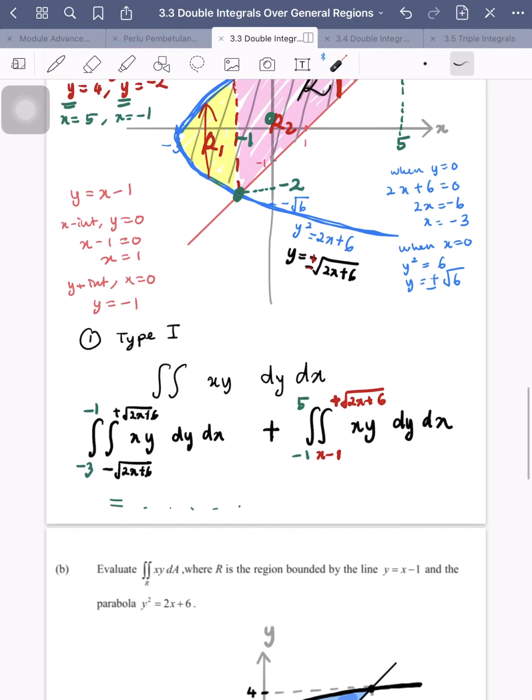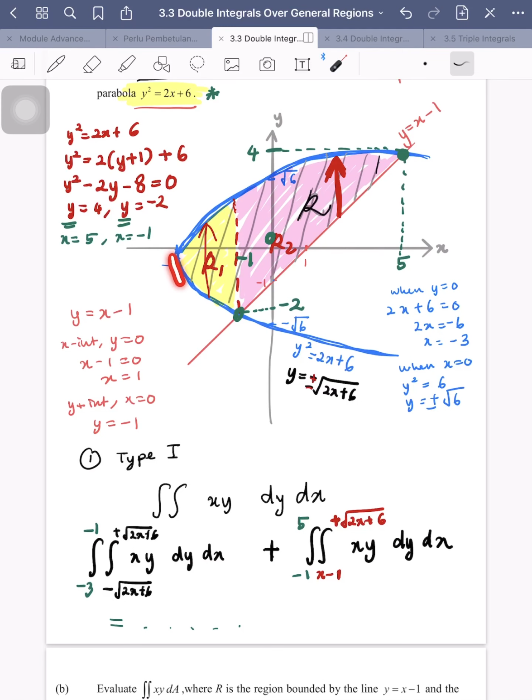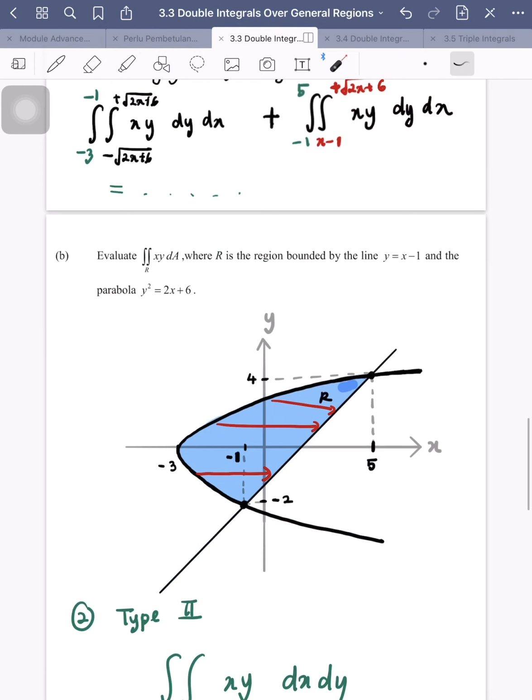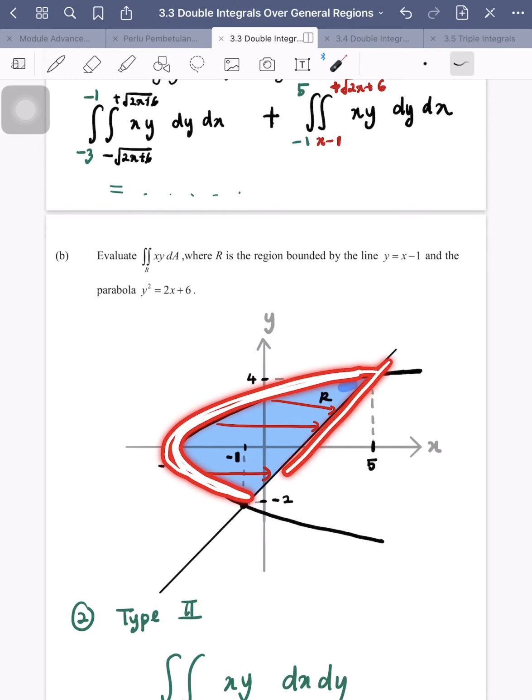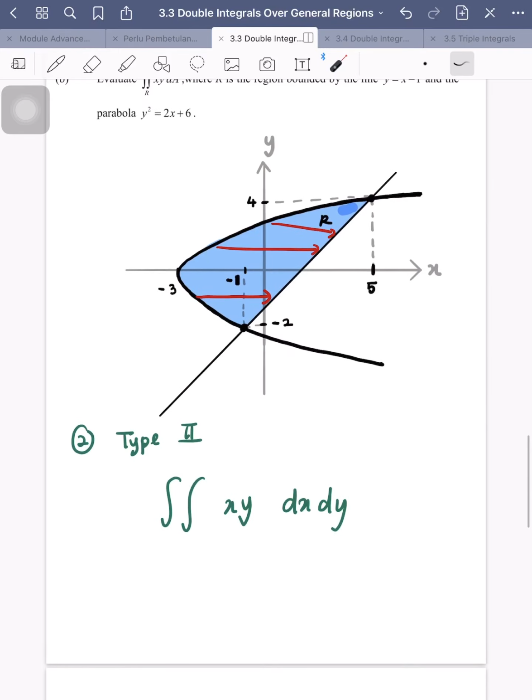It's quite different from viewing as this one, because this one has a curve as base, and this part has a line as a base.